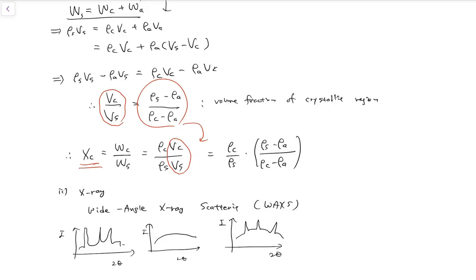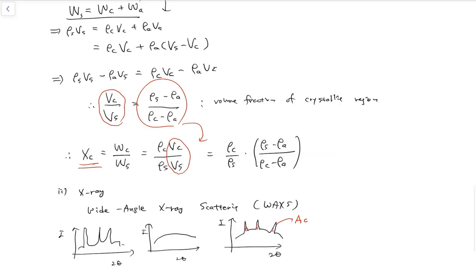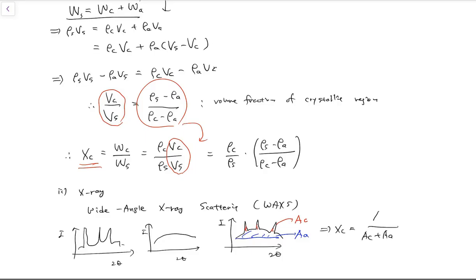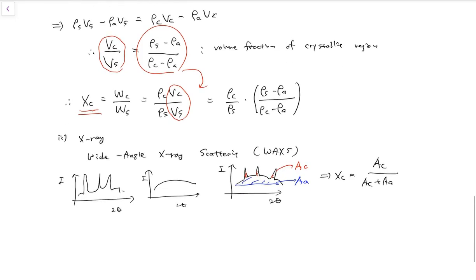So by simply checking the ratio of the area of the crystalline region, basically this region, and the amorphous region, you can determine the degree of crystallinity, right? Okay.